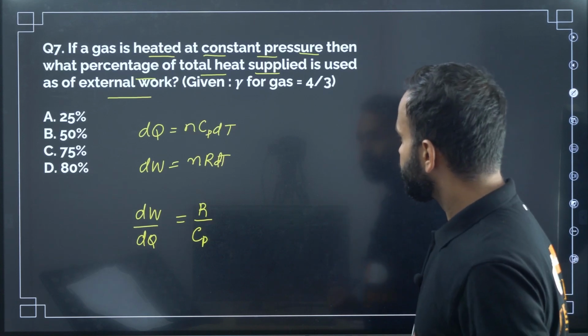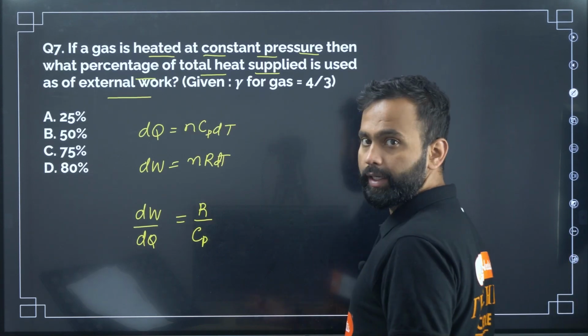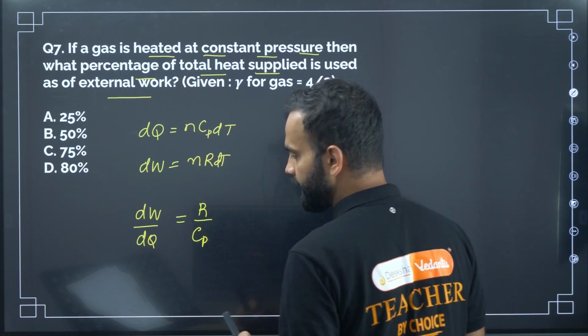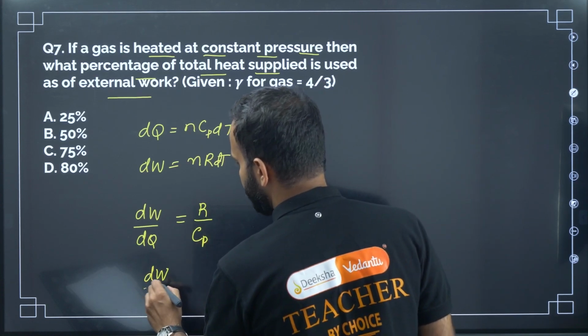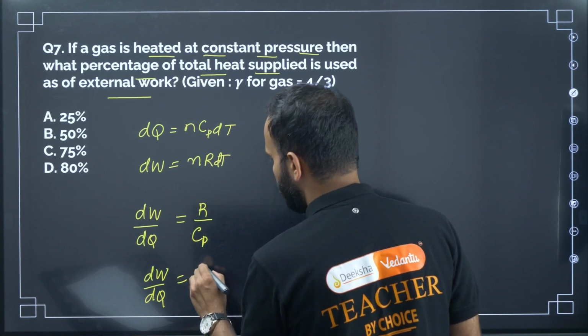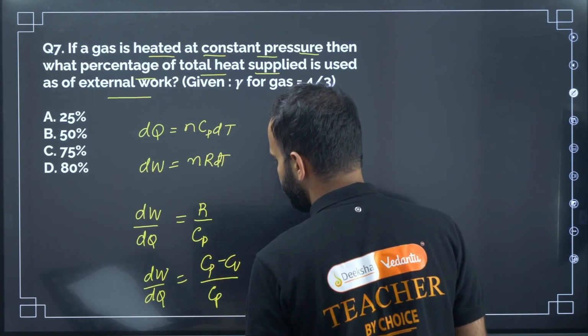R by Cp. Gamma for the gas is given, the adiabatic constant or ratio of the specific heats. So now dW divided by dQ is equal to R, which is Cp minus Cv, divided by Cp.